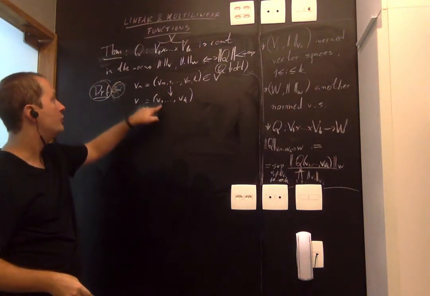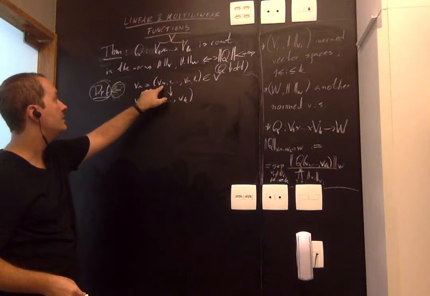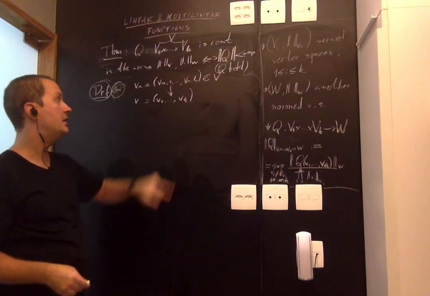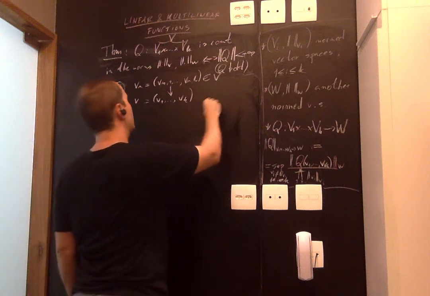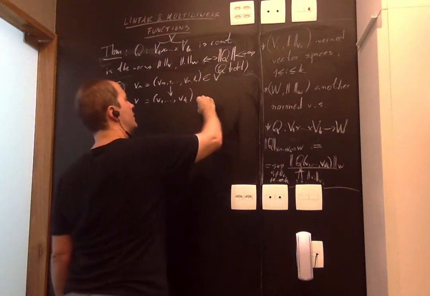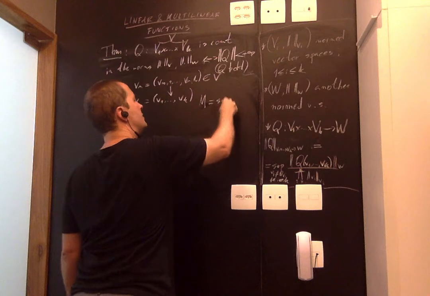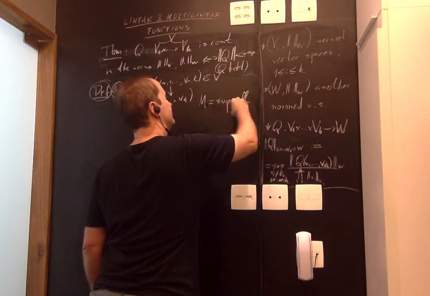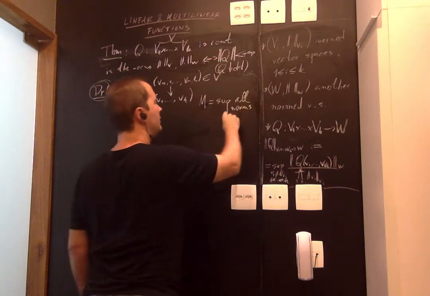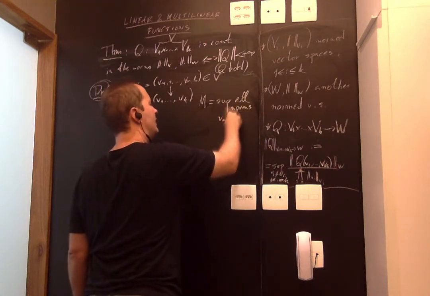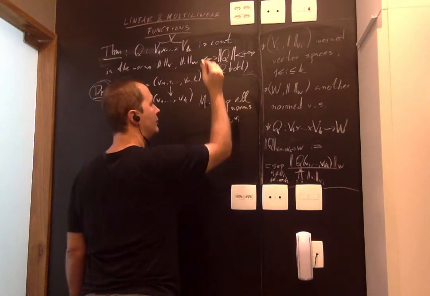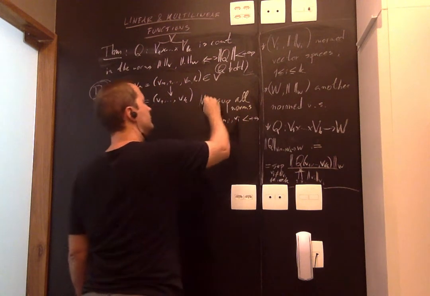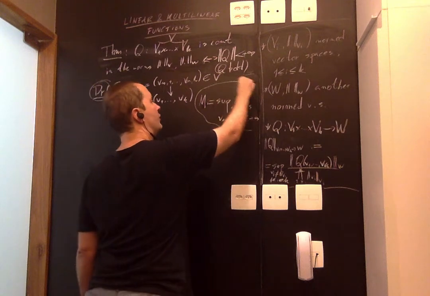Remember that convergent sequences are bounded. So if V_n sub 1 converges to V_1, it's bounded. If V_n sub k converges to V_k, it's bounded. Therefore, I can define this quantity M, which is the sup of all the norms involved, of V_i, for all i, and this is a finite number. It's going to be very useful to know that.